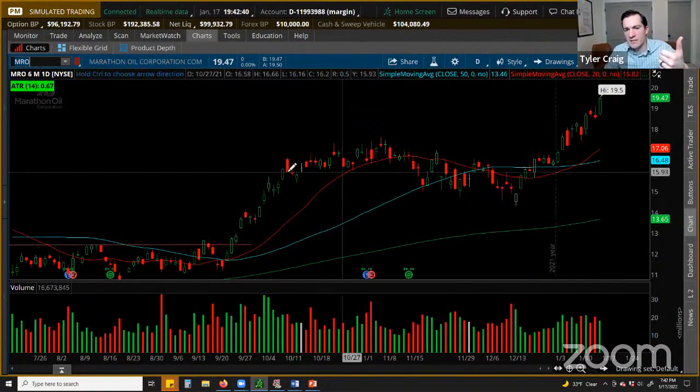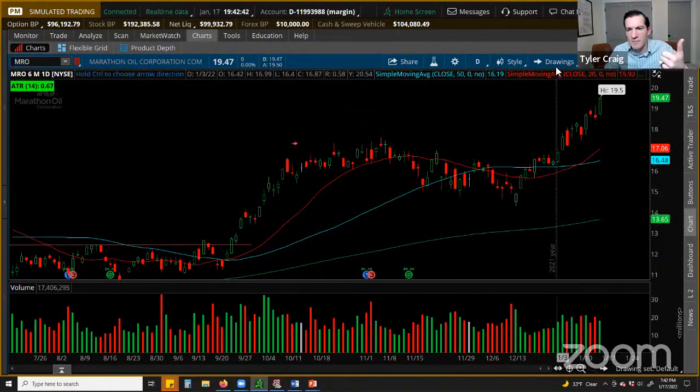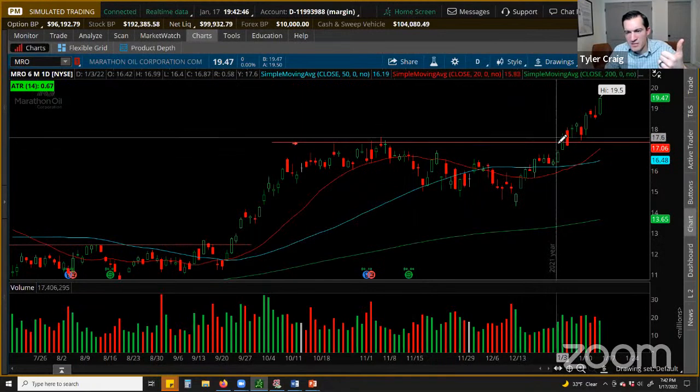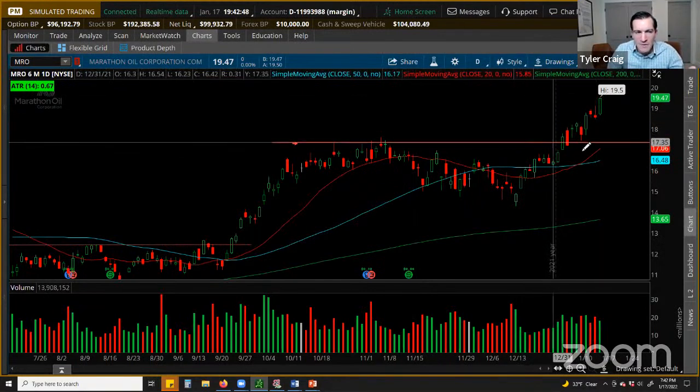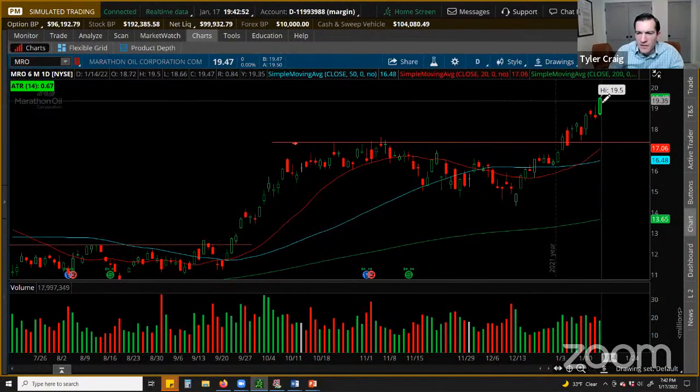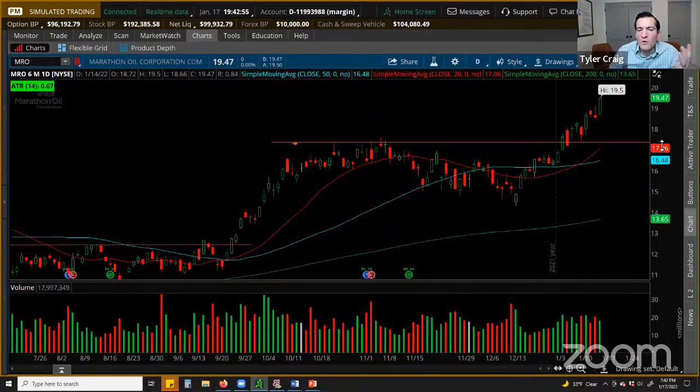Where's support and resistance? I mean, this thing has gone up so stinking much. It's got to be closer to resistance just by virtue of how far it's gone up. If I had more time, maybe I'd look at the weekly time frame. But my only quibble with energy is just that it's run a lot. I think we can all agree with that. Everything energy related has just run a lot over the last couple of days.